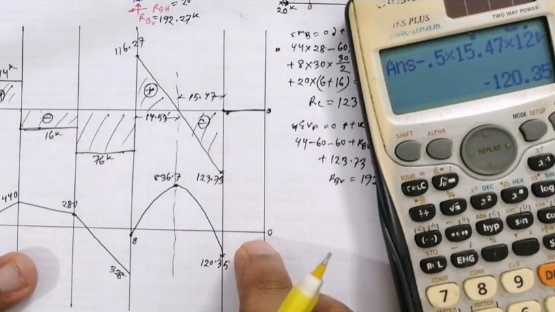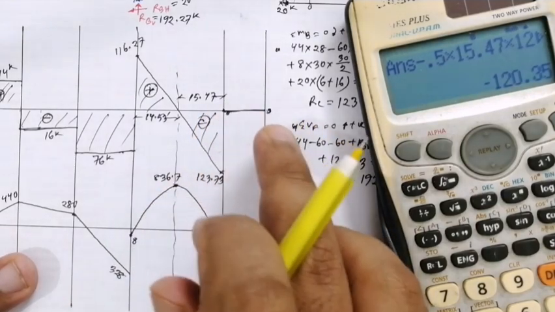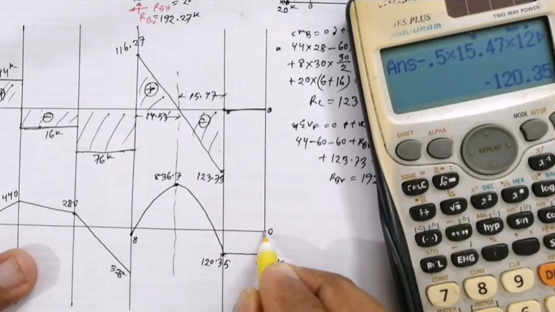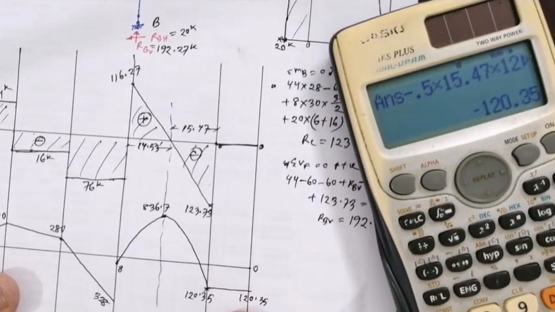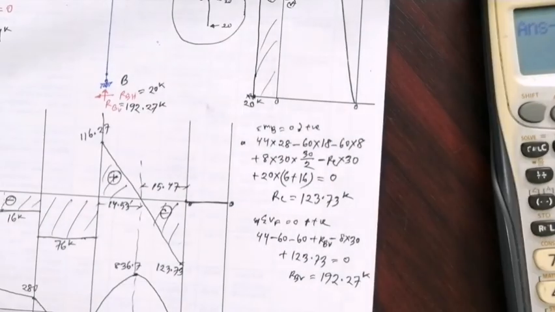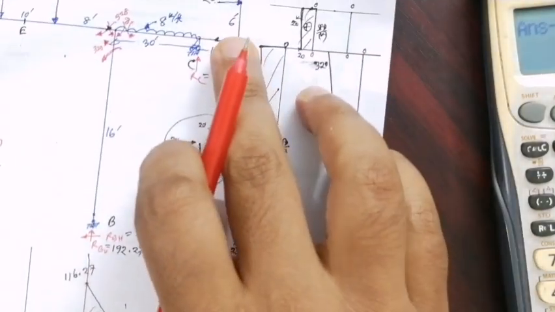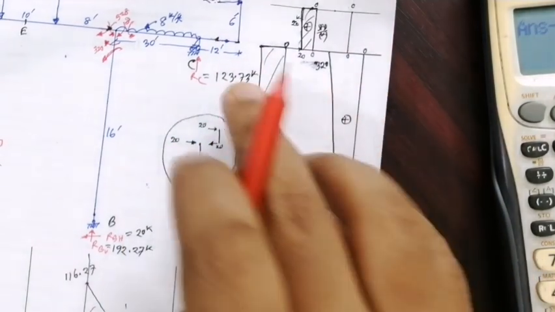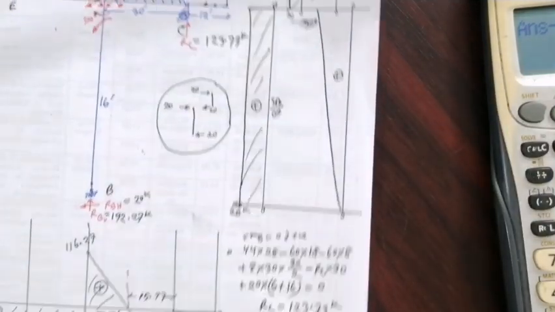Now here there is no shear force, so it goes directly through to this 120.35 for this point. This 120 is negative.